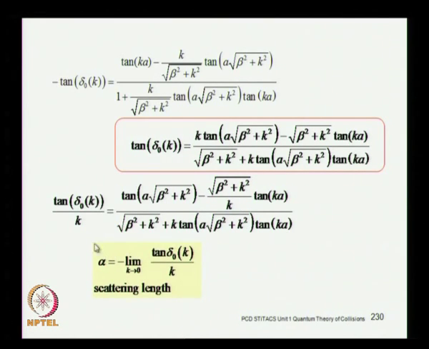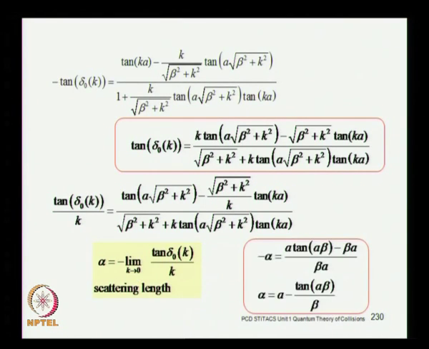Now, notice that tan delta by k in the limit k going to 0 gives you the scattering length. So, we have got an expression for the scattering length, and the scattering length being given by this relation in the limit k going to 0, you let k go to 0.